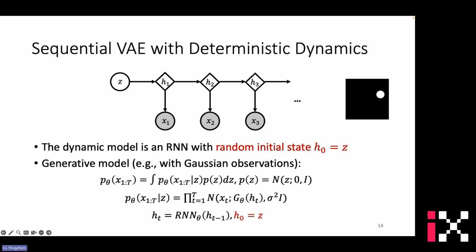In particular, since you only need to know the hidden state at that time to generate images, you can assume this is factorized over the time steps, as long as you know the current hidden state. And the current hidden state is fully determined by your initial state via a rollout of a recurrent neural network.